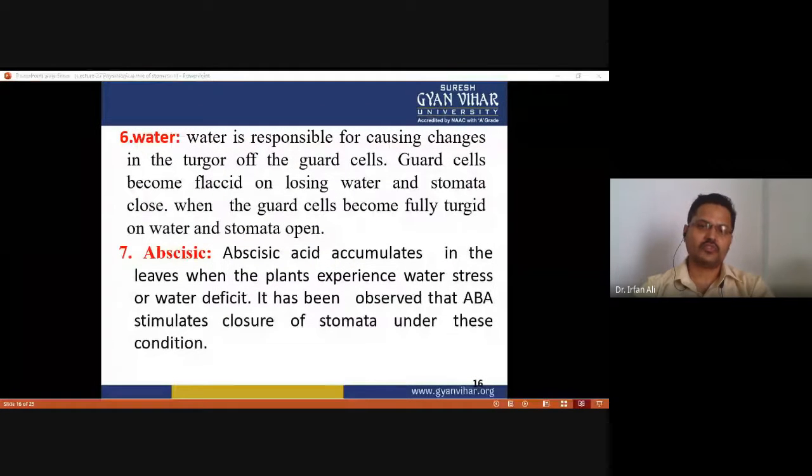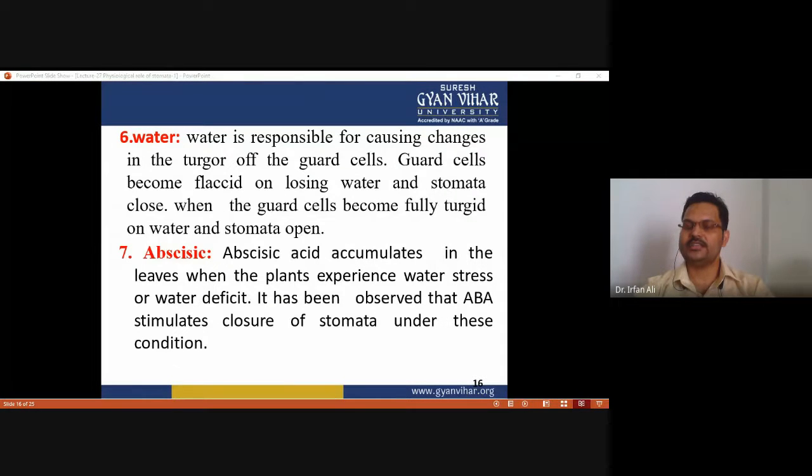Now water. Water also affects the opening and closing of stomata because water is essential for increased turgor pressure. So water is responsible for causing changes in turgor pressure of the guard cell. Guard cell becomes flaccid on losing water and stomata close.